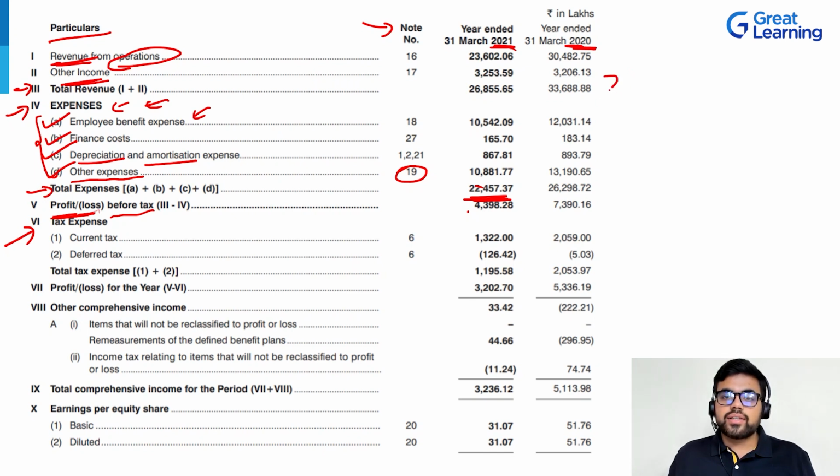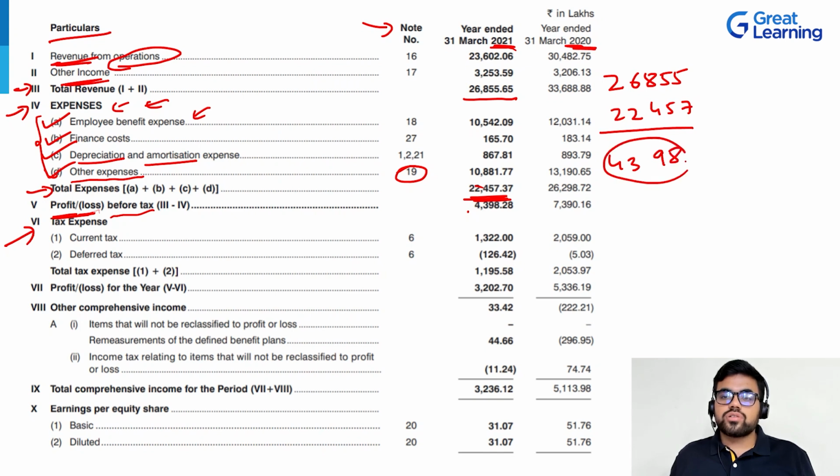If we subtract the total expenses, that is 22,457, from the total revenue, that is 26,855, we'll get earnings before tax of 4,398. So this part is earnings before tax, and we subtract other tax expenditures from it, then we'll get a net profit or loss, which they have calculated as 3,202 lakh rupees.